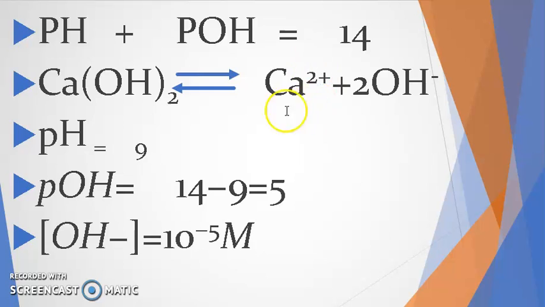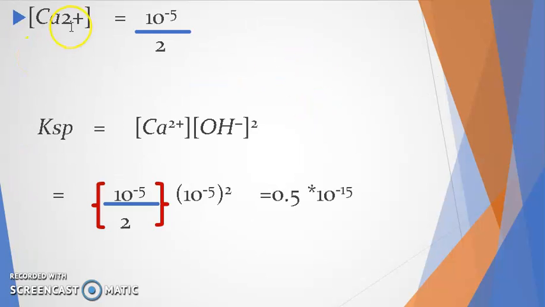Here we have to find out the Ca2+ again. For Ca2+, we found 10 power minus 5 for the OH-, so Ca2+ is 10 power minus 5 divided by 2. So what is the solubility product?